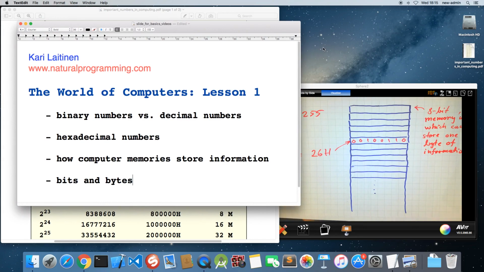We store bits. It is either 1 or 0, so there are two possible values for a bit, and a byte is then a memory of 8 bits.